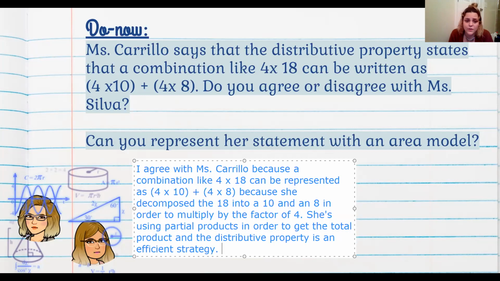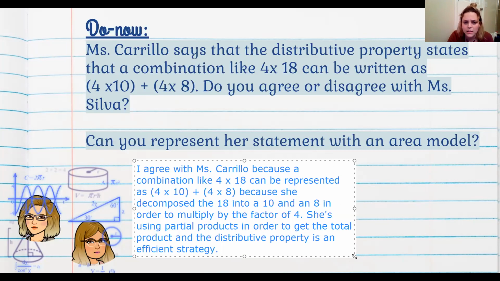So I agree with Ms. Carrillo because a combination like 4 times 18 can be represented as 4 times 10 plus 4 times 8 because she decomposed the 18 into a 10 and an 8 in order to multiply by the factor of 4. She's using partial products in order to get the total product, and the distributive property is an efficient strategy.